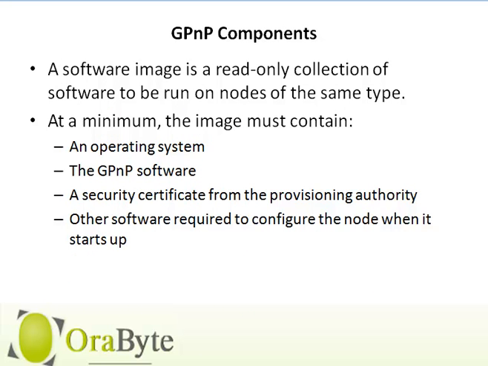GPnP components: a software image is a read-only collection of software to be run on nodes of the same type. At minimum, the image must contain an operating system, GPnP software, a security certificate from the provisioning authority, and other software required to configure the node when it starts up.